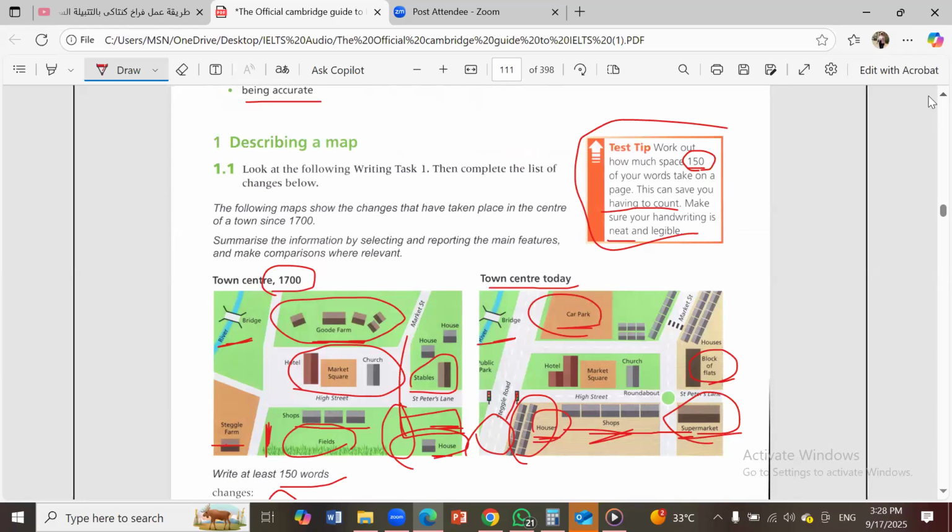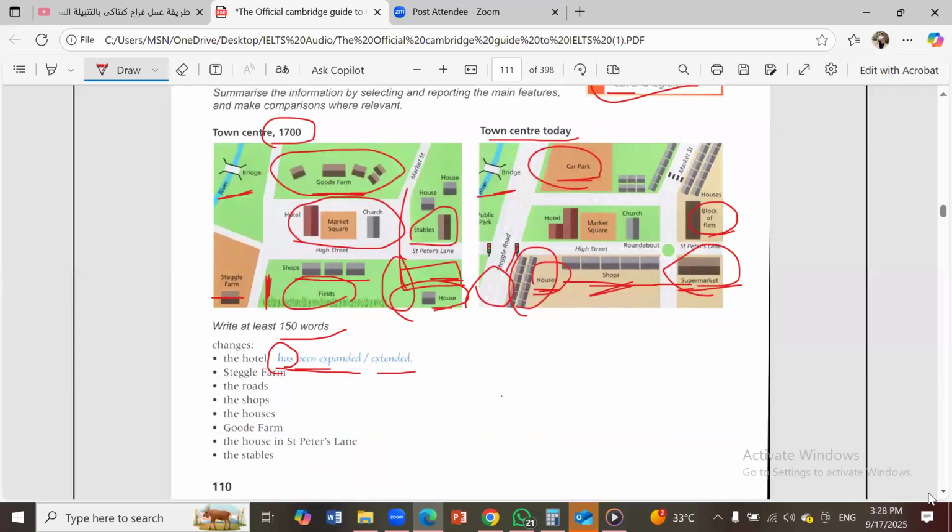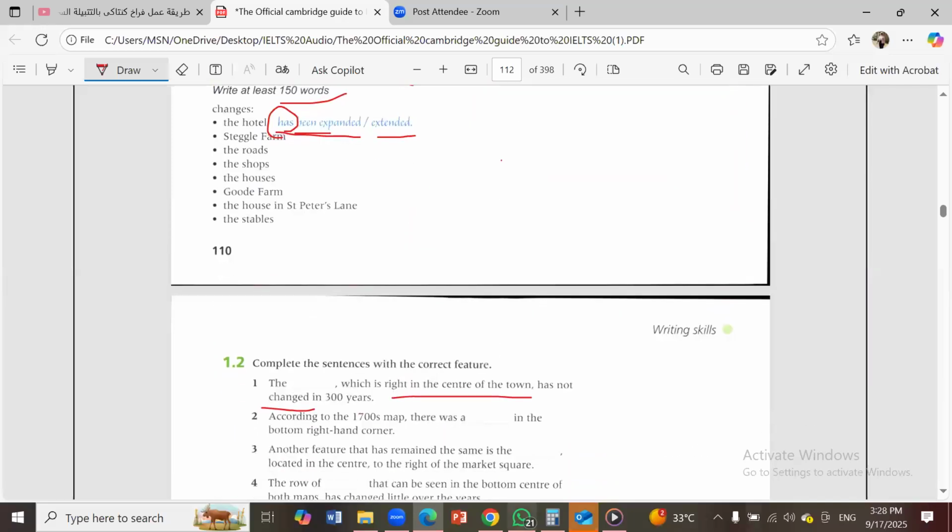Maybe Market Square. Yes, correct. It's the market square on the right of the town. Second, St. Peter's Lane also didn't change at all, the whole block, the whole line, yes.